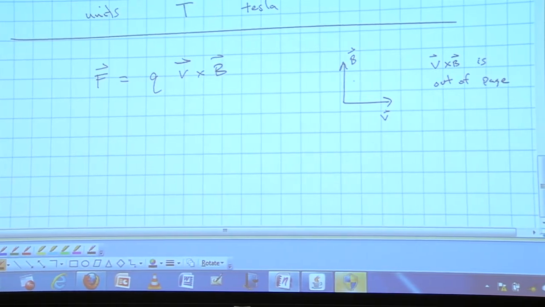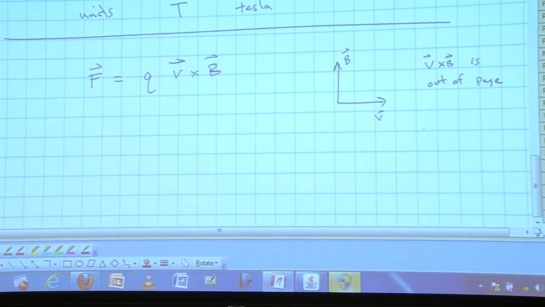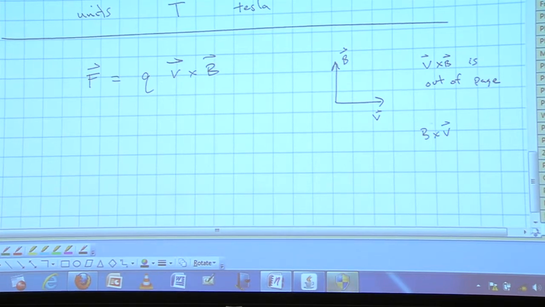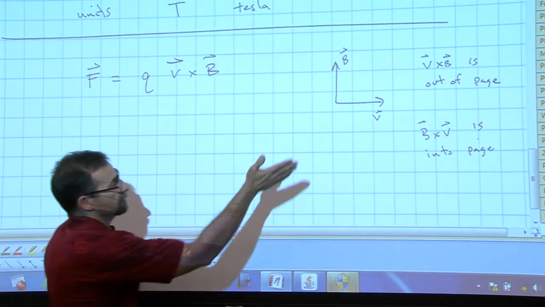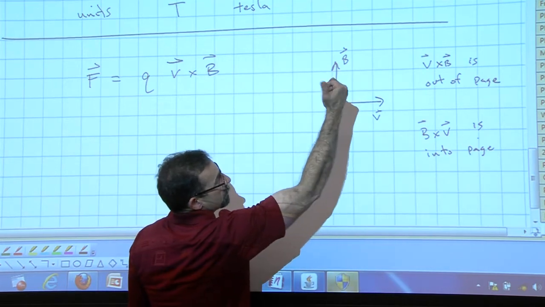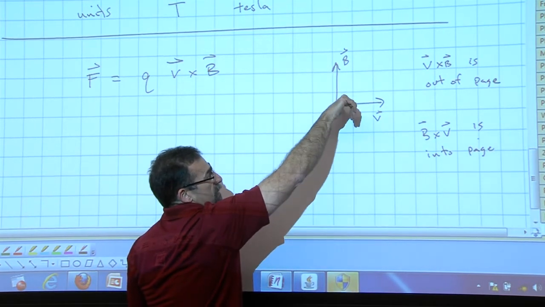But what direction would B cross V be? Into the page. V cross B is out of the page. B cross V into the page.